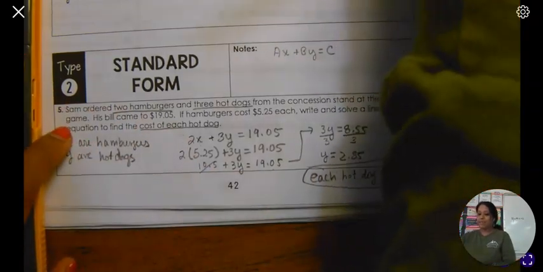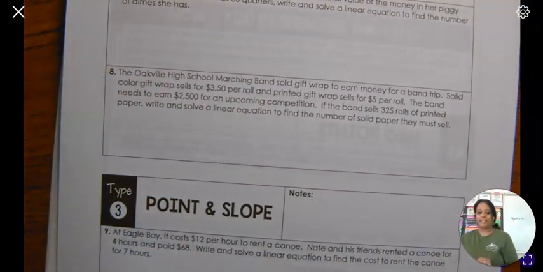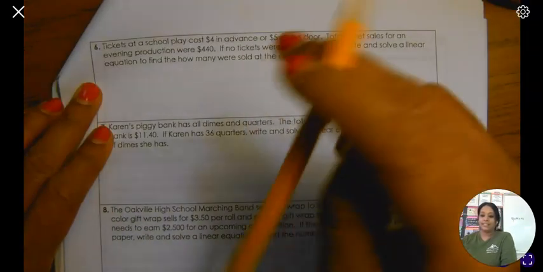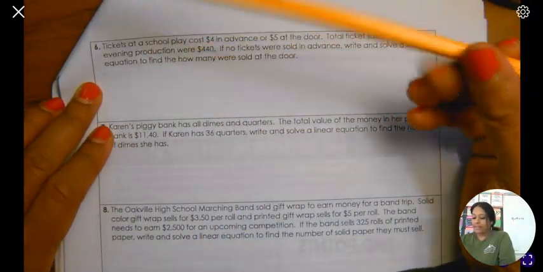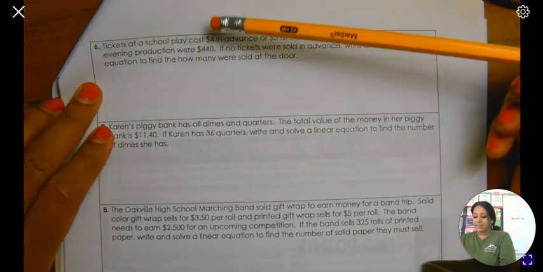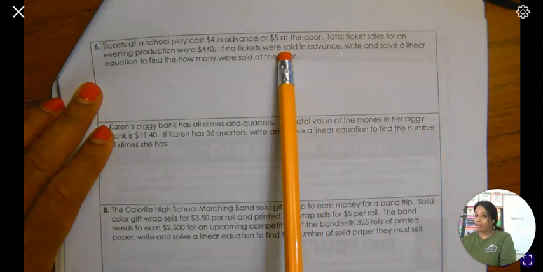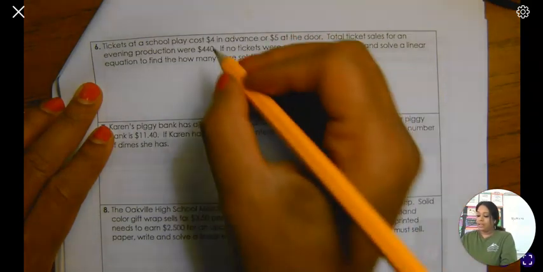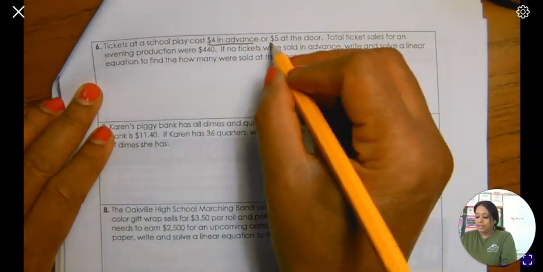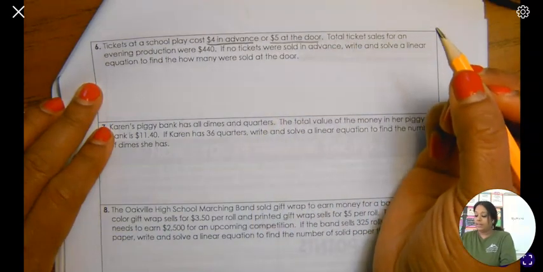Okay, so there's some more examples. I'm going to go to the next page. Okay, so here we have tickets at a school play cost $4 in advance, or you can pay $5 at the door. So there are my 2 quantities right here, right?